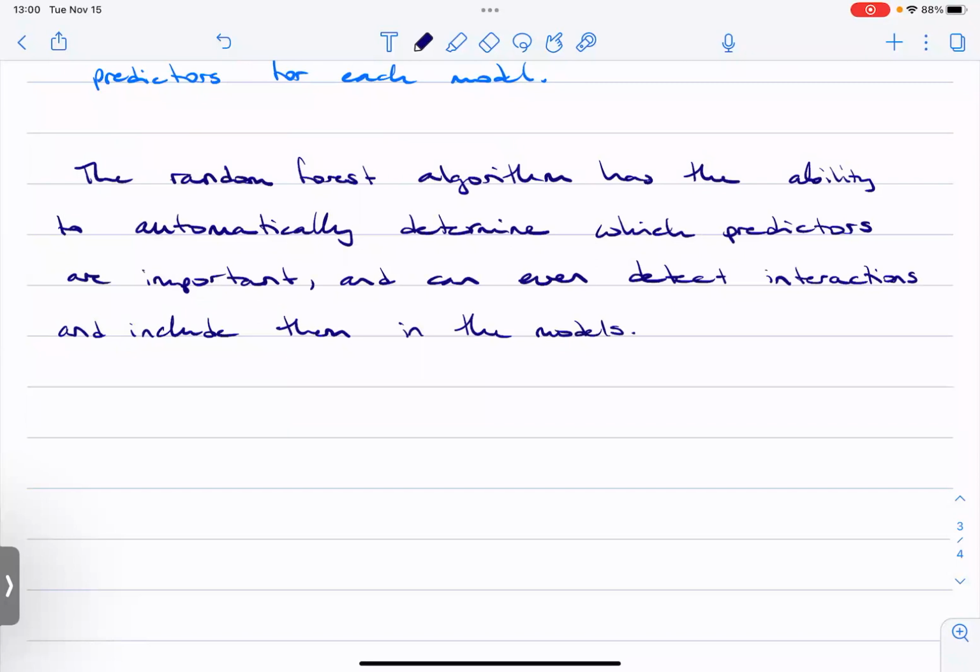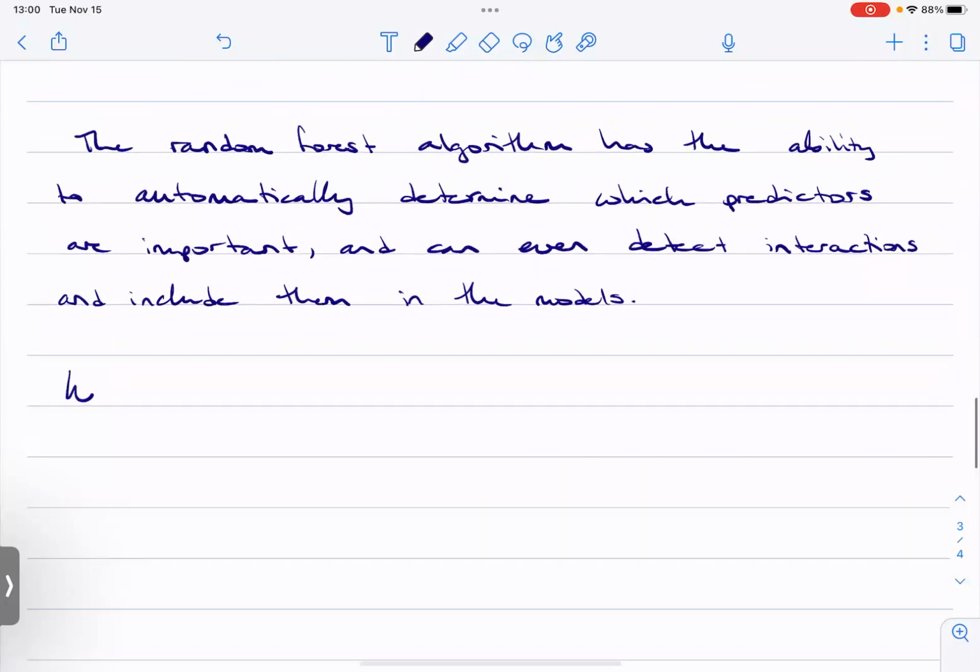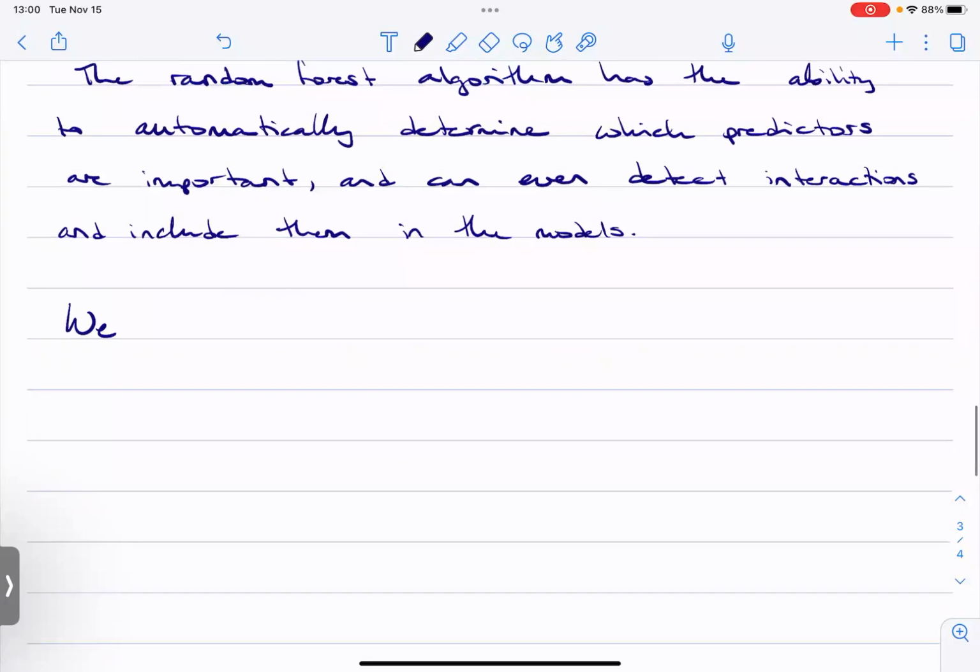So in the random forest algorithm, we can make some adjustments. We can adjust what we call hyperparameters. We may need to adjust the hyperparameters, which are just arguments in our R code, to improve the estimates if the default settings are not giving us good estimates.